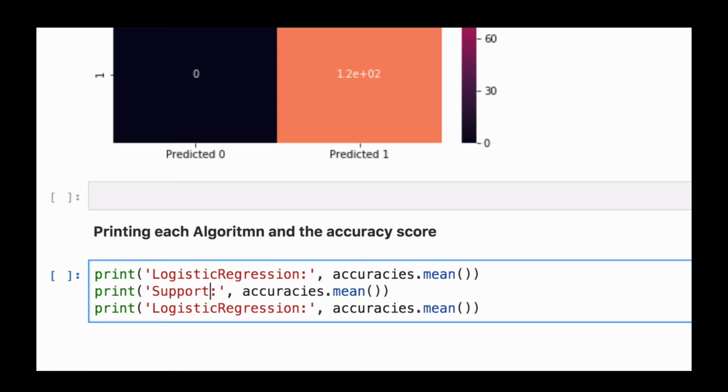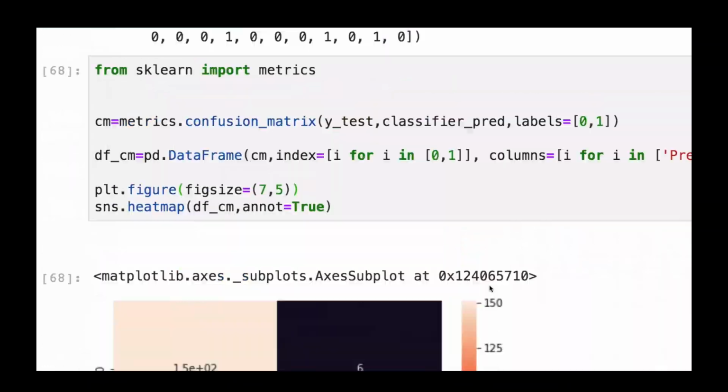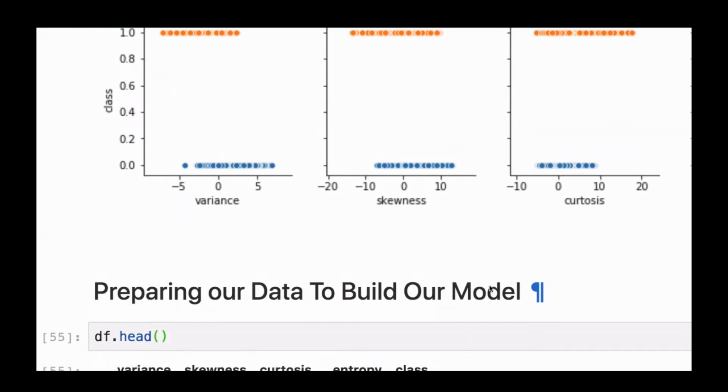All right, for support vector machine, and remember we tried a different kernel, right? So let's use the first kernel, which equals linear. All right, so for that, let's go and get it.